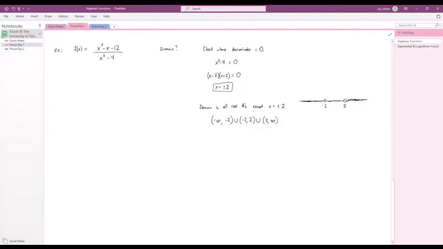I'm using parentheses rather than brackets for all of those because I want to exclude -2 and +2. And from minus infinity to infinity, you'll always put parentheses on those two because we don't really consider them as part of the real line.